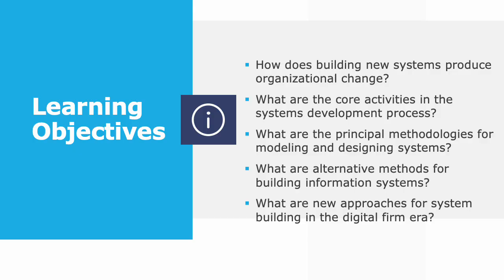All right, so these are the learning objectives. Once you finish this chapter, you will learn how to build new systems to produce organizational change. And then you will also know the core activities in the system development process.